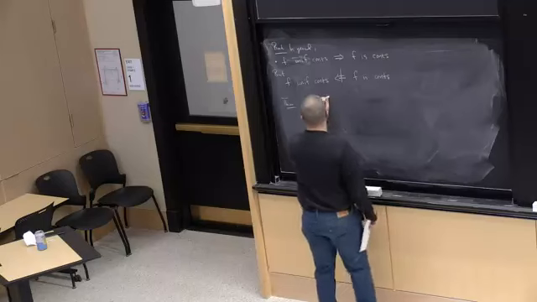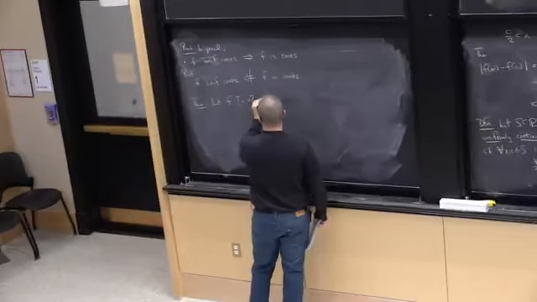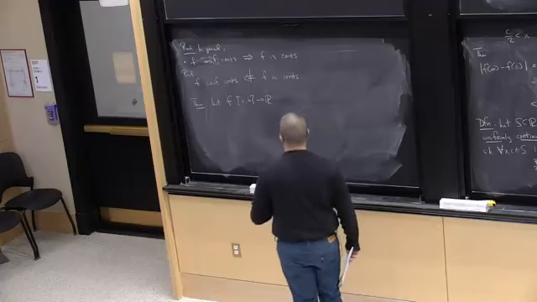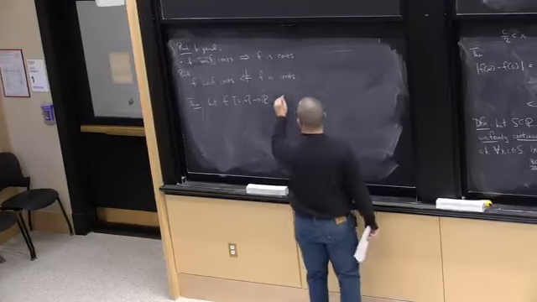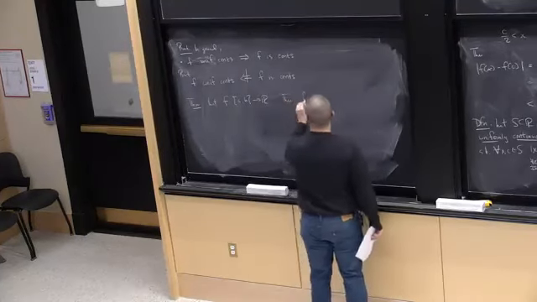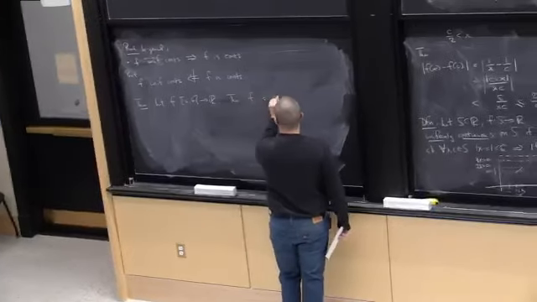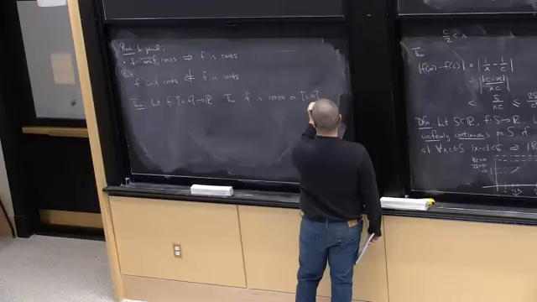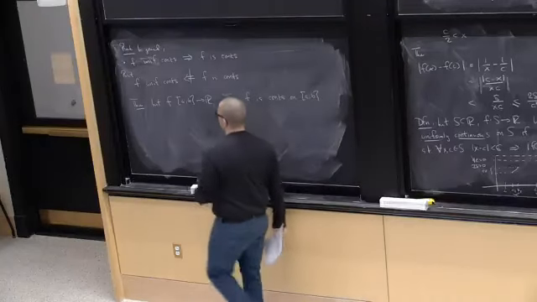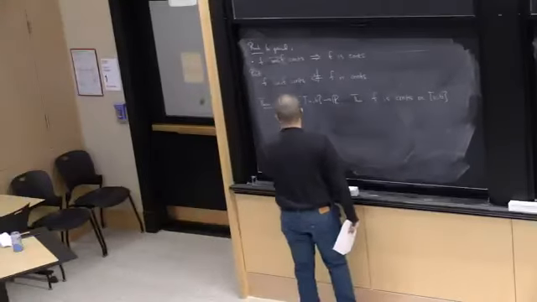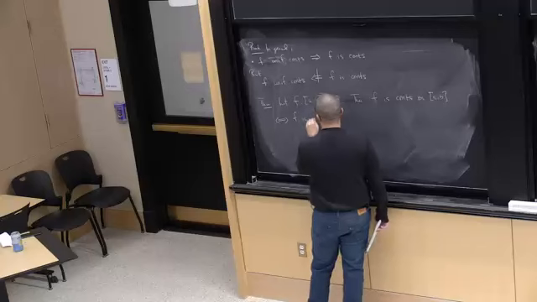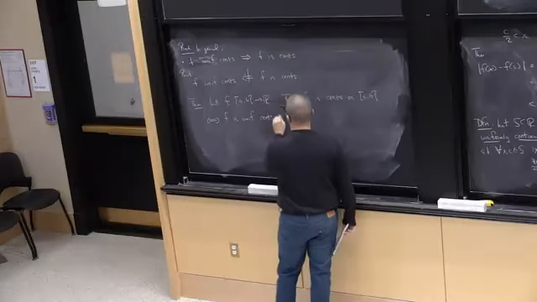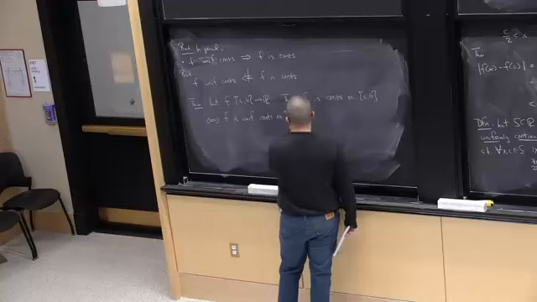Let f be a function from a to b to R. So a closed and bounded interval now, not just an arbitrary set. Then f is continuous on AB, meaning it's continuous at every point, if and only if f is uniformly continuous on AB.